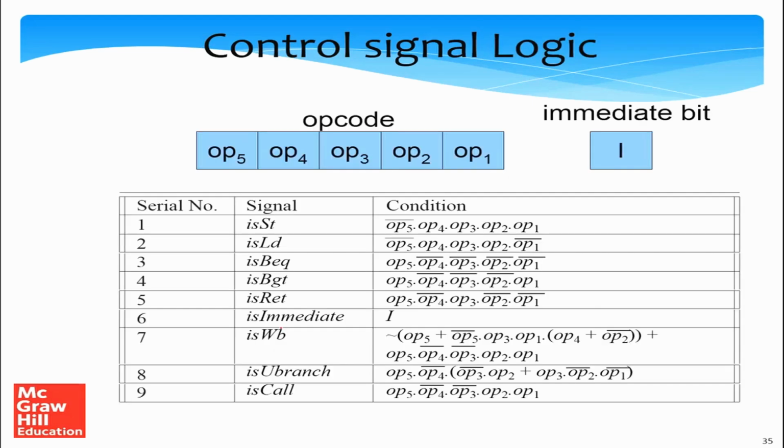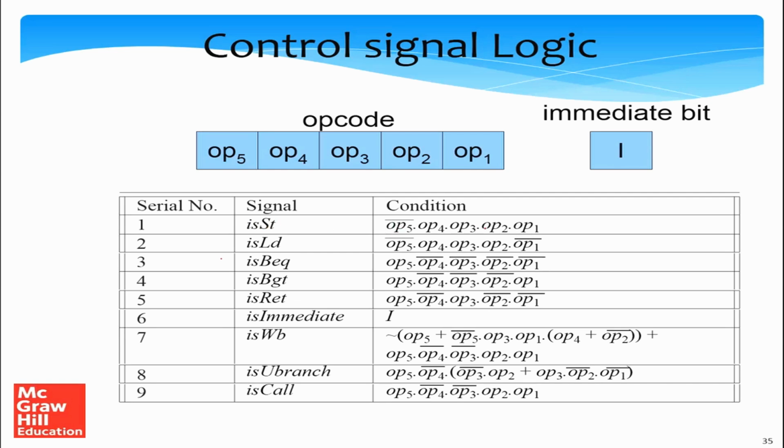What I have written on this slide is, let's consider the 5 opcode bits. Let's call them OP5 to OP1 and the immediate bit I. I've just written down the conditions for detecting these signals, or setting these signals.